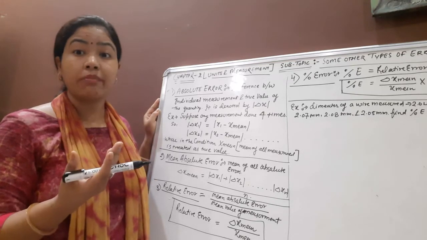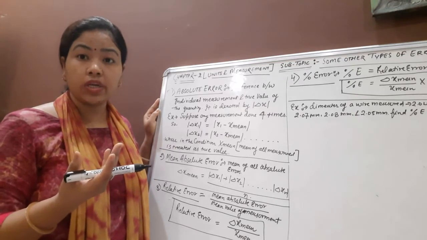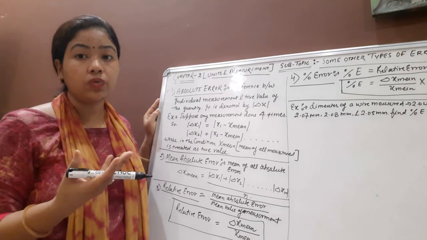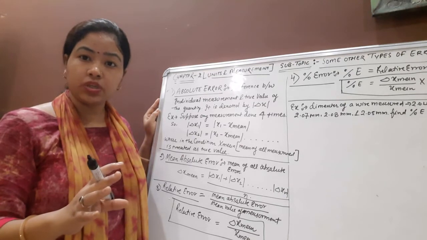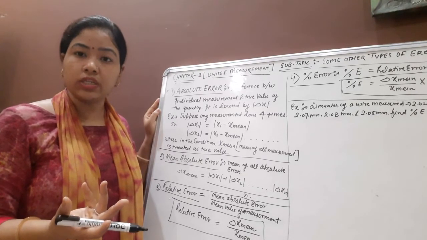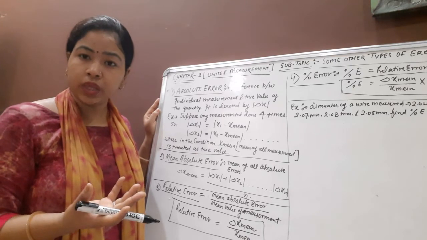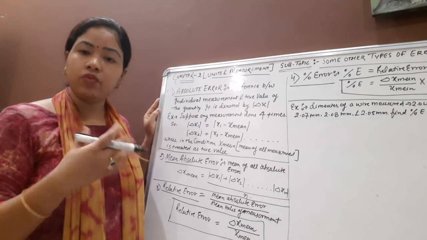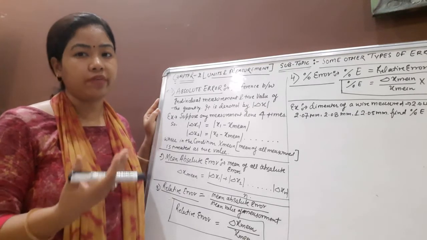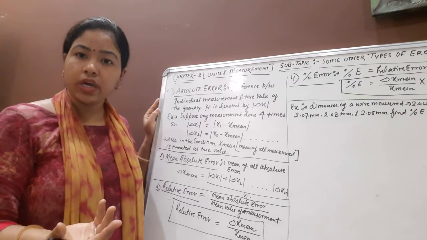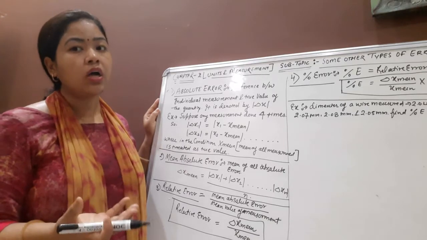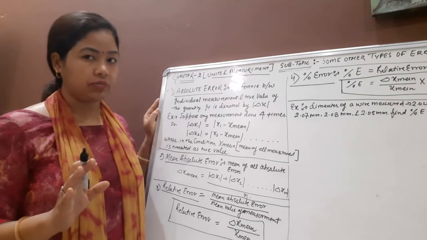Now if we are doing repeated measurement of any physical quantity and we do not have the true value of that quantity, how will we calculate the true value? So if you have direct measurements and you do not have the true value, suppose we are measuring the diameter of a wire and we do not have its true value, right? And we simply measure it 4 times, in mm: 2.4 mm, 2.5 mm, 2.6 mm, 2.4 mm again. So to calculate the true value, we will calculate the mean of all these measurements, and that mean will be treated as the true value for that measurement, right?